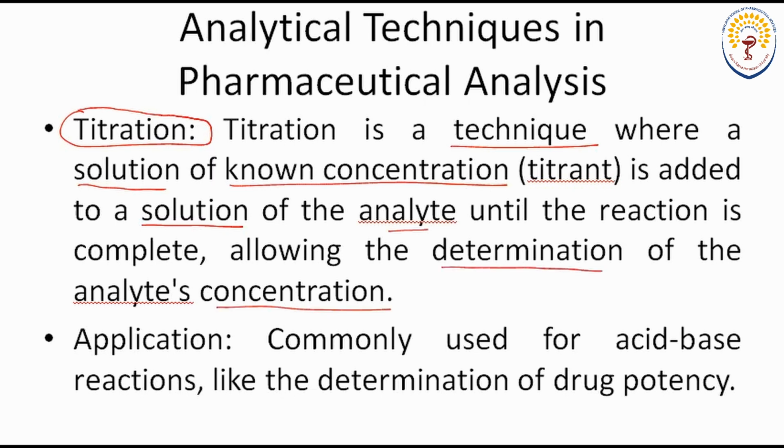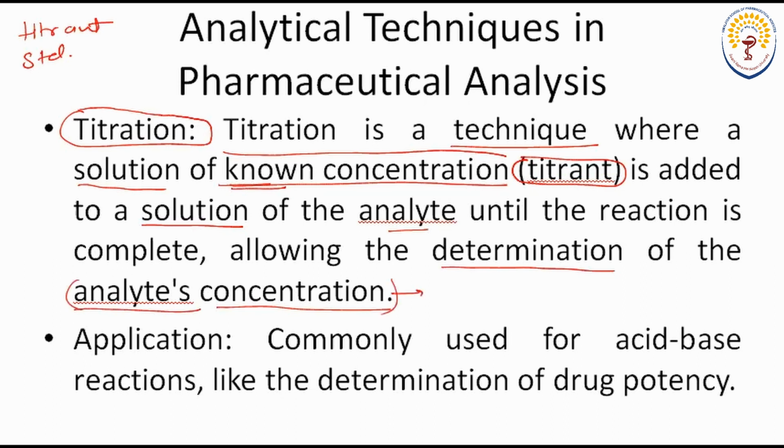We are going to determine the concentration of the analyte. The substance whose concentration is known is the titrant, or it is considered the standard. The known concentration, the titrant, is also called the standard, and the analyte whose concentration we are trying to determine is known as the titrand.